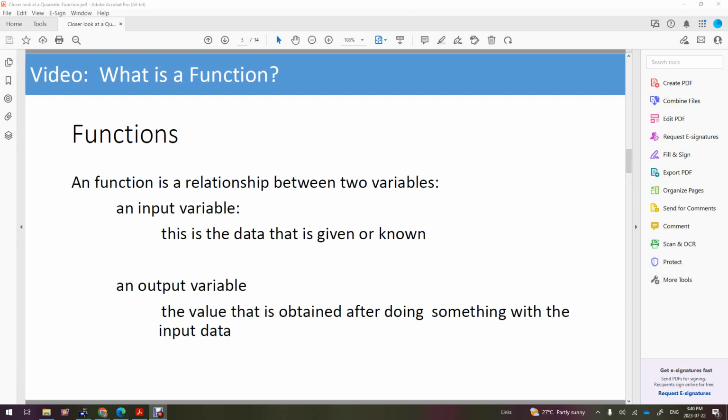We can say then that the function is a relationship between these two variables: the input variable, which is the data that is given or known, and the output variable, the value that is obtained after doing something with the input data.